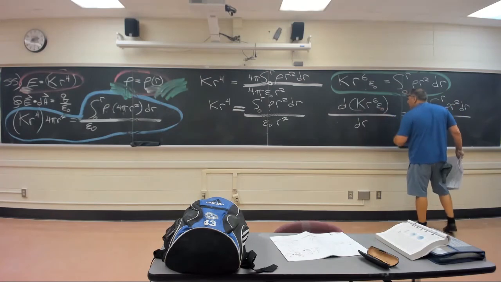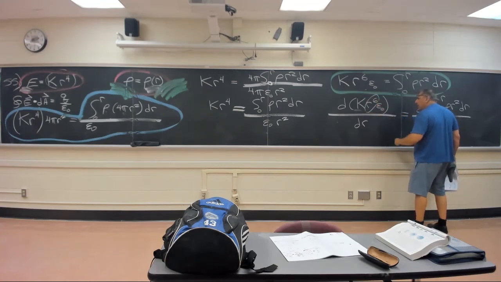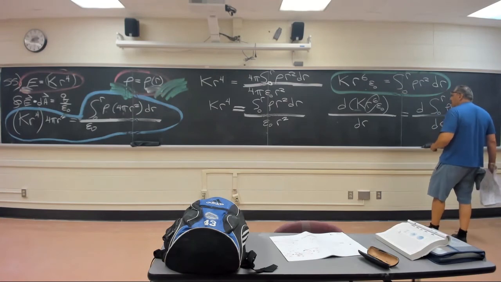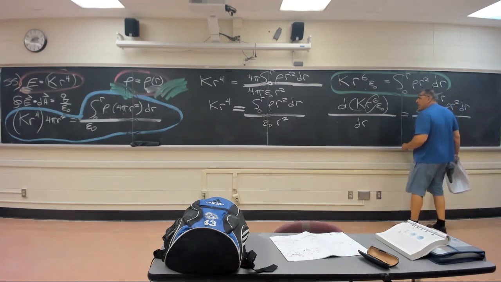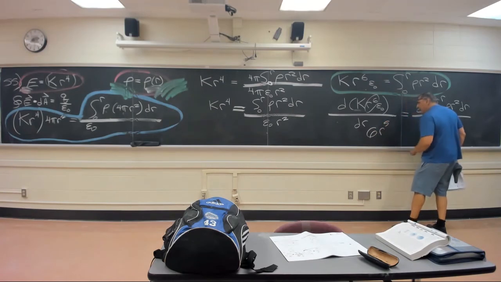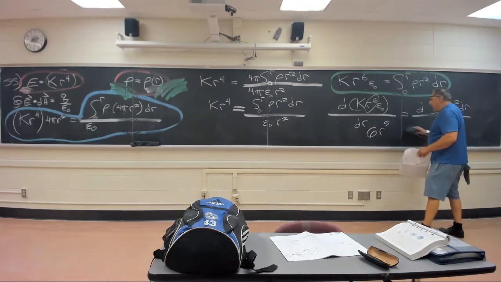Capital K and epsilon naught are constants. The derivative with respect to r is just getting this derivative and keeping the constants involved. Derivative of r to the sixth with respect to r is 6r to the fifth. We have 6r to the fifth times K epsilon naught.